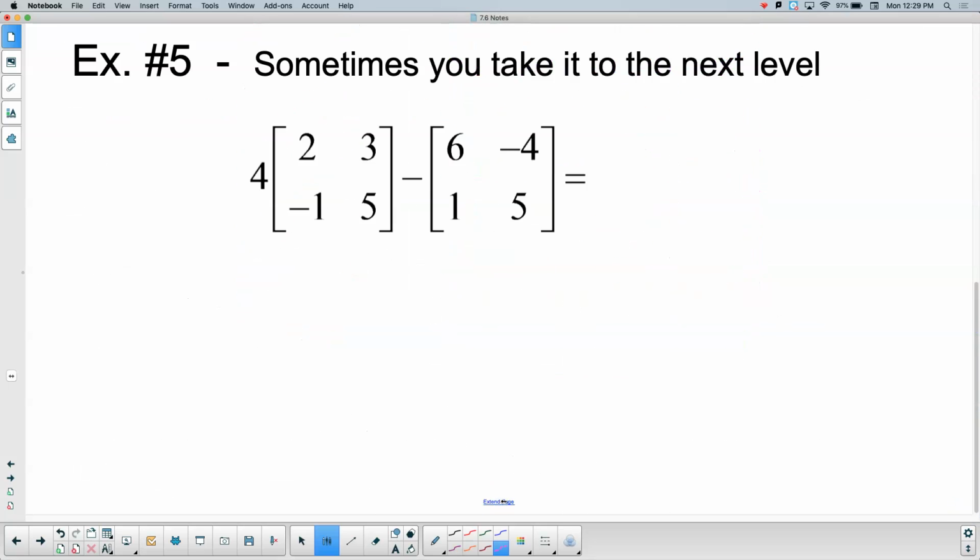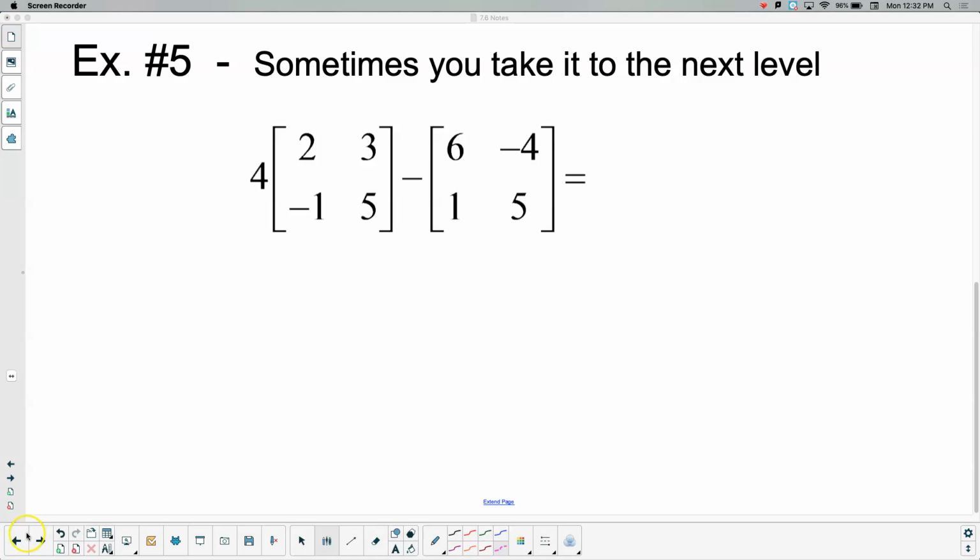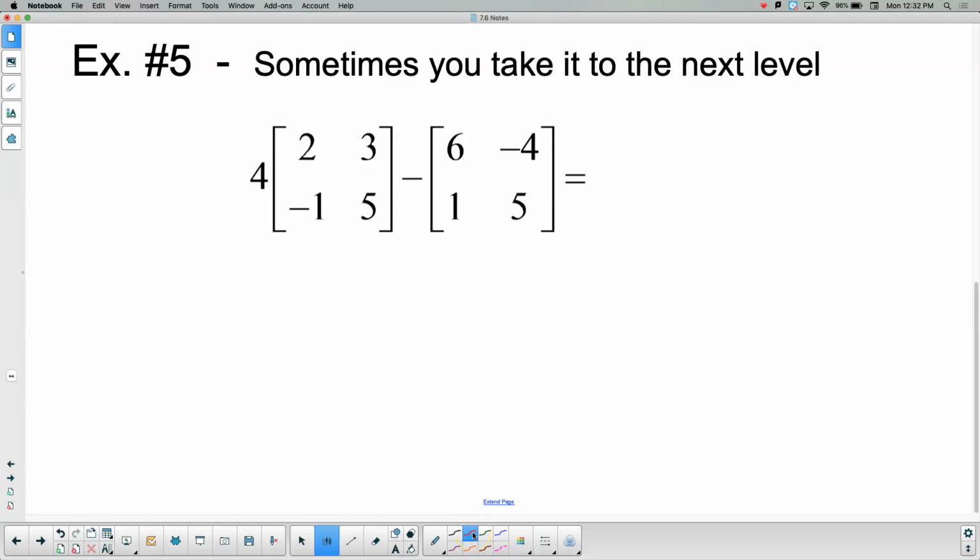With that being said, let's take it to the next level, and let's have you try this one. A combination of scalar multiplication and addition. I would do the distributing for, well, first off, 2 by 2 matrix, that's not going to change size. When I multiply in the 4, minus a 2 by 2 matrix, that's doable. Okay?